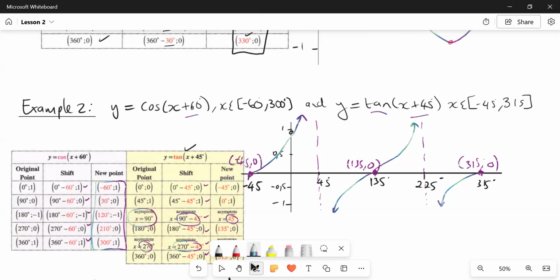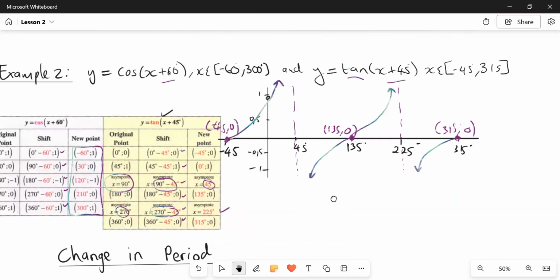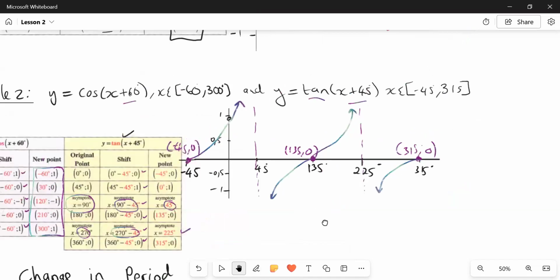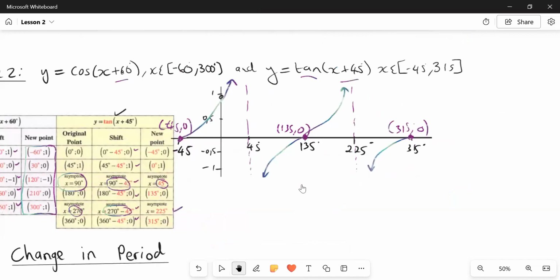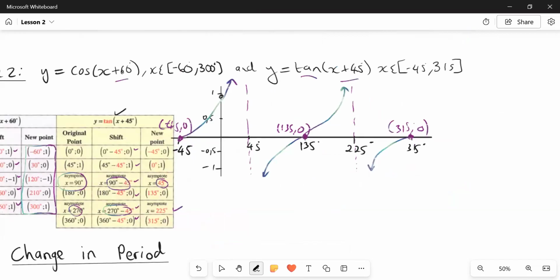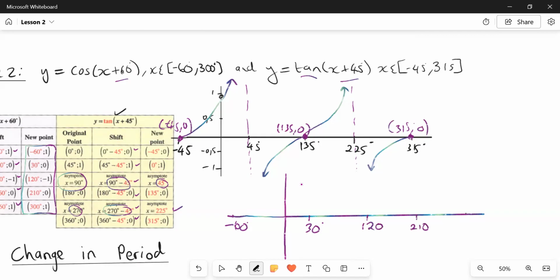Now let's draw the cos graph. So for the cos graph, again, you will have negative 60, 30, 120, 210, and 300.